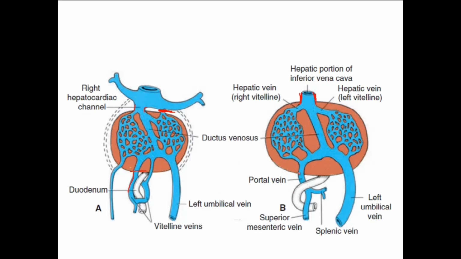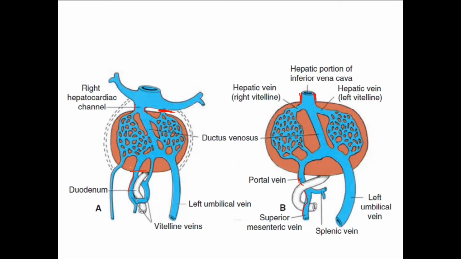You can see over here, this is the part of the right Vitelline which is below the liver, or caudal to the liver, and it gives rise to the portal vein and the superior mesenteric vein.